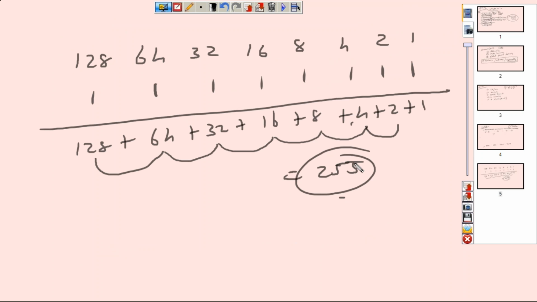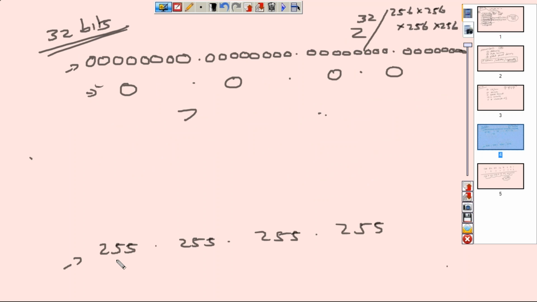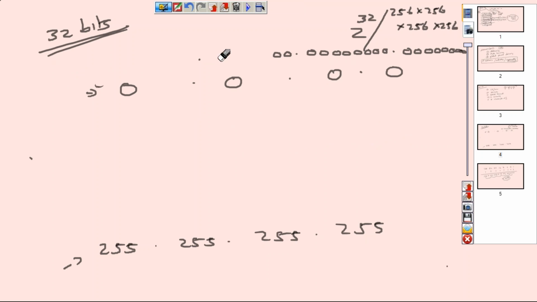So that would be the other extreme position. So what we were saying is in between all zeros and all 255s, we end up having roughly about 4.29 billion IP addresses. That's what we were saying. All right so far, guys?